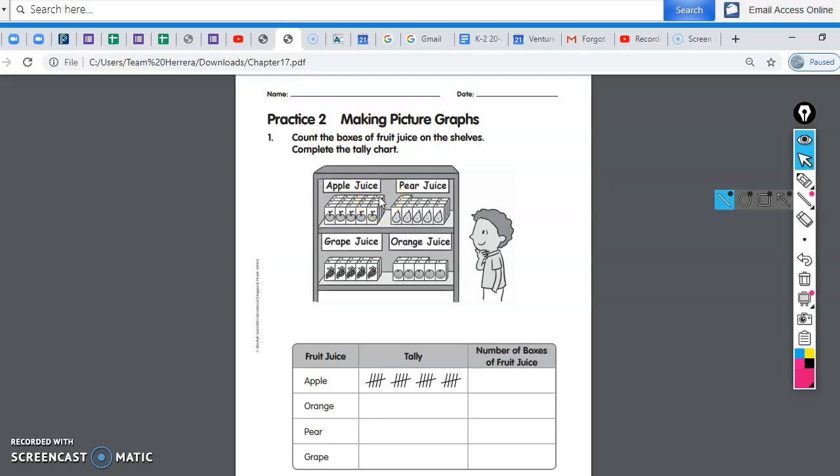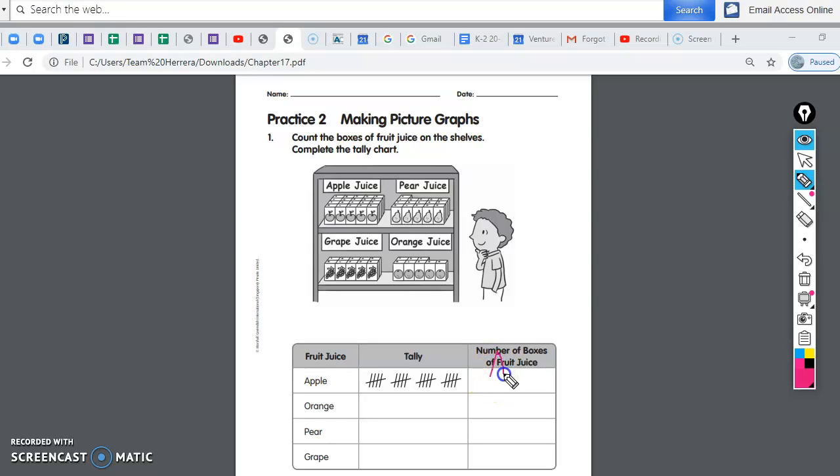That took me a long time to count by ones, but if you'll notice across the front, they have 5 juice boxes. So I can count by 5s and count how many rows back. So 5, 10, 15, 20. Okay, so that's a strategy that I can use to make it easier than counting by ones.